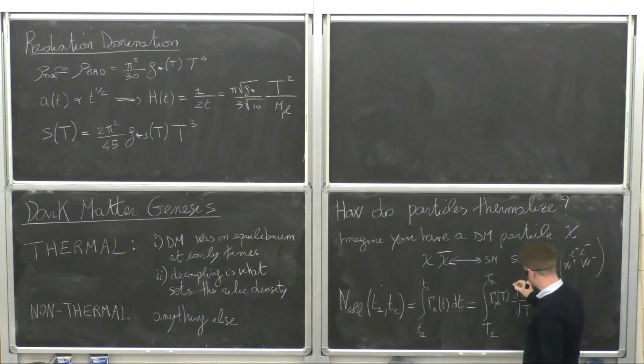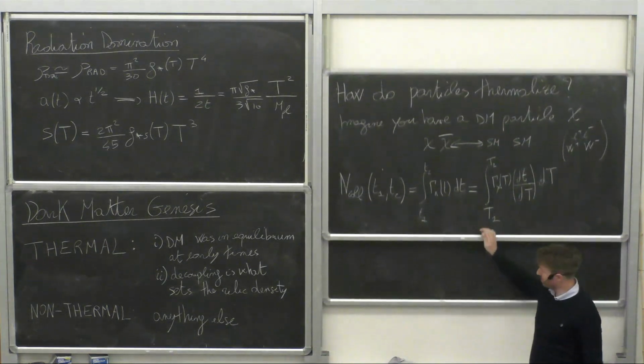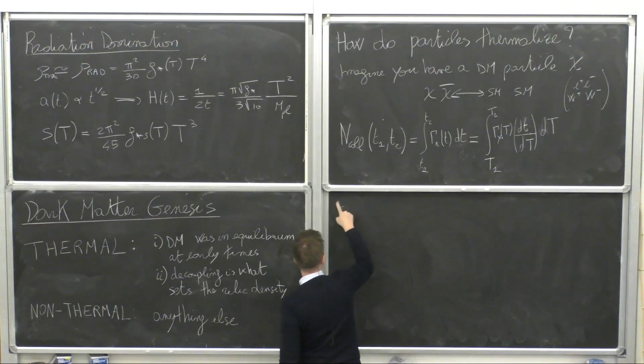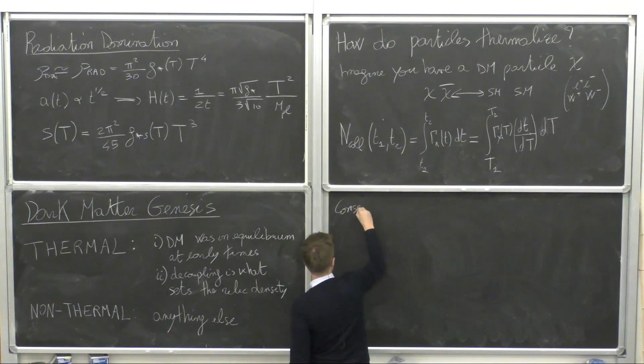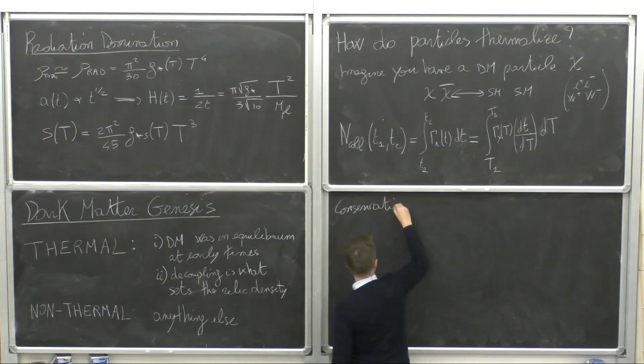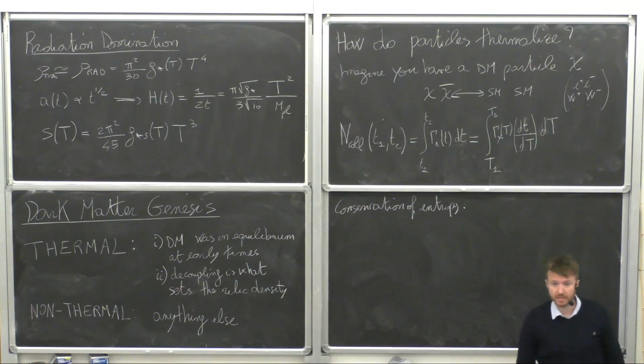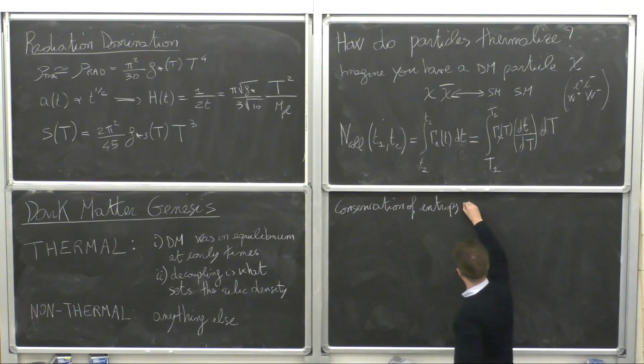So I need to compute this Jacobian, okay? dt over d temperature. And now there is an important concept that we will use a lot today, tomorrow, and also the day after. The conservation of entropy.